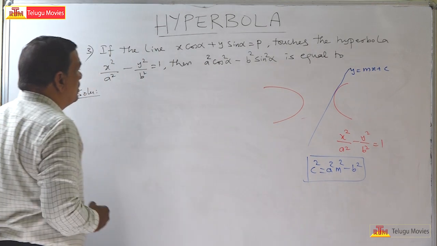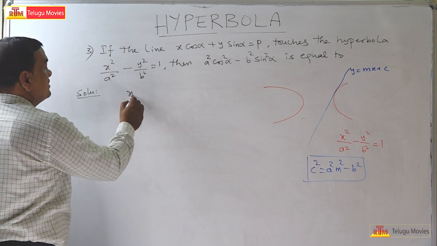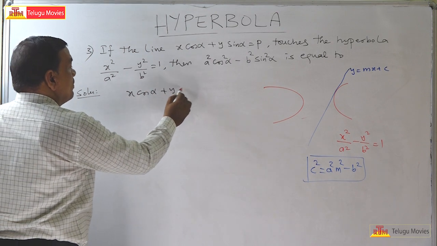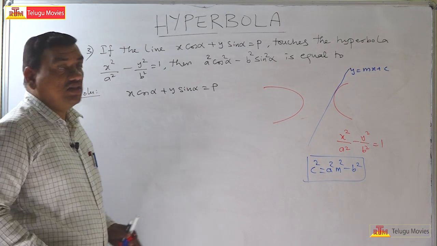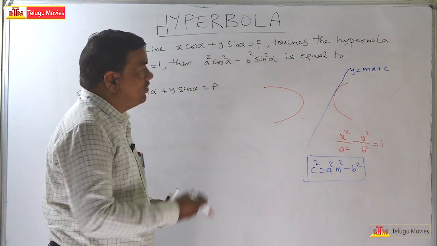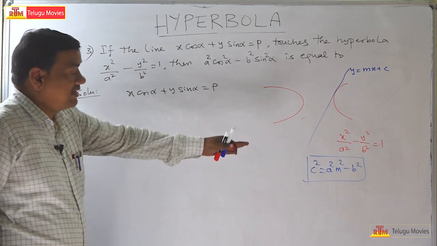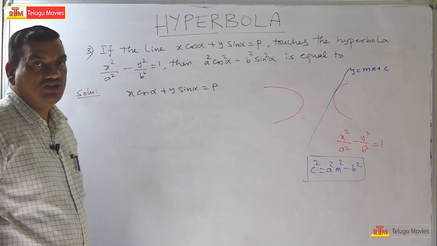Now coming to the problem, this equation is given as x cos alpha plus y sin alpha is equal to P. Now you just convert this into the form y is equal to mx plus c, find the values of m and c, and substitute there. So here a square is a square only, b square is the same, the equation is given the same.